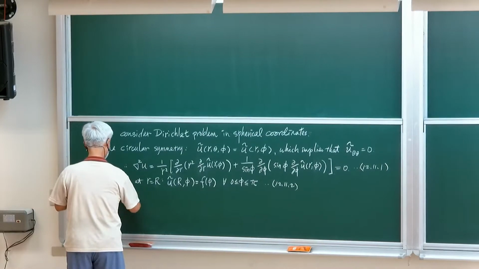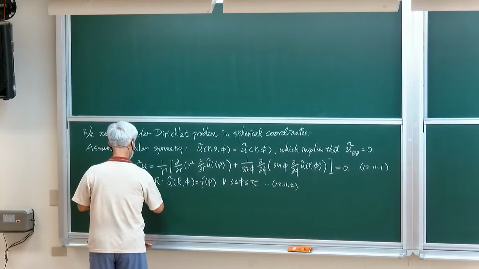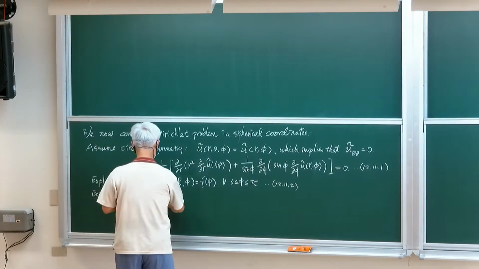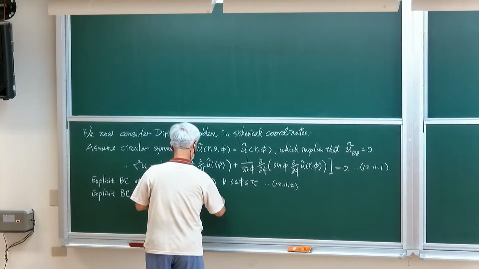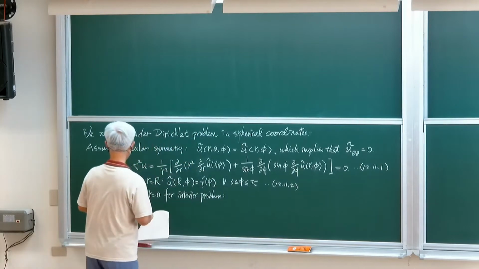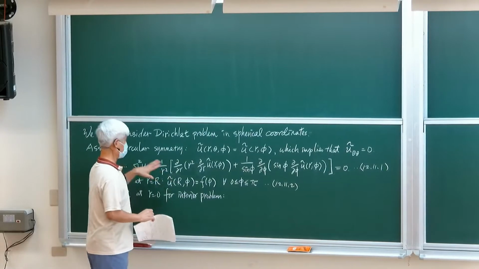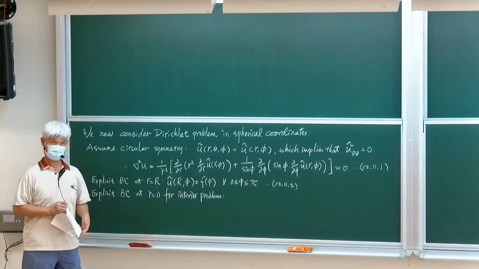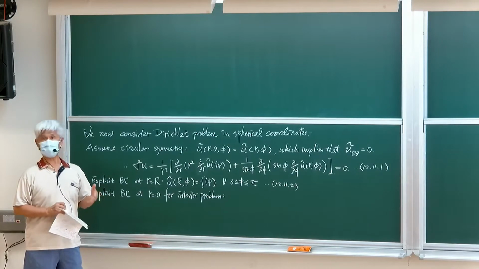And an explicit boundary condition at r equal to 0 for the interior problem. We are concerned only with the potential, because U is used to describe the potential of some field, for example, an electrical field.